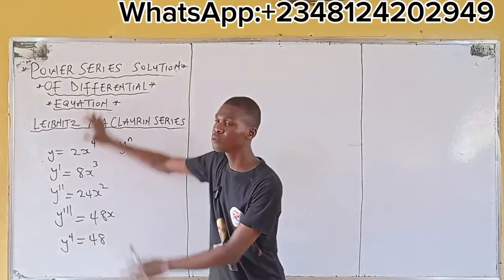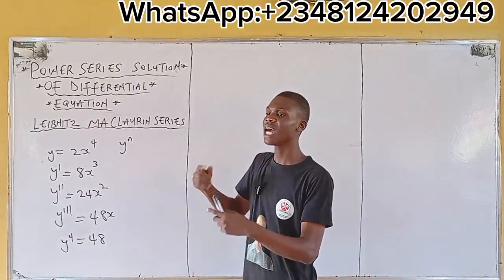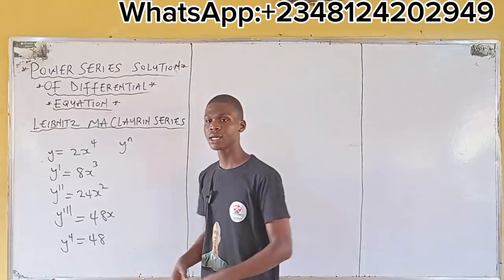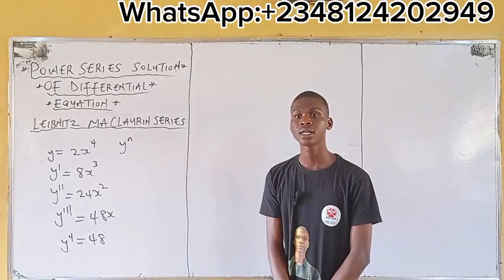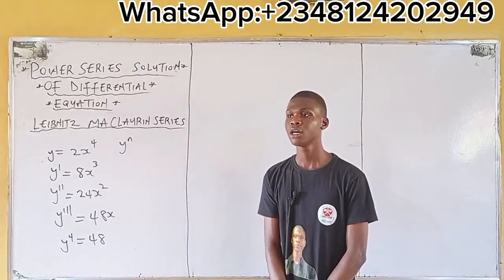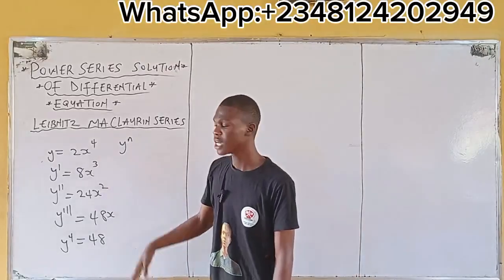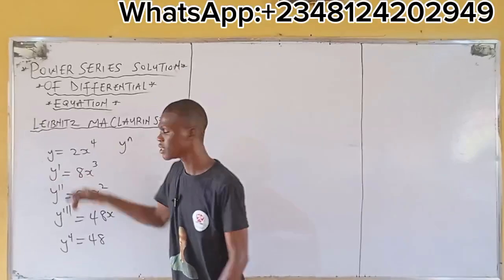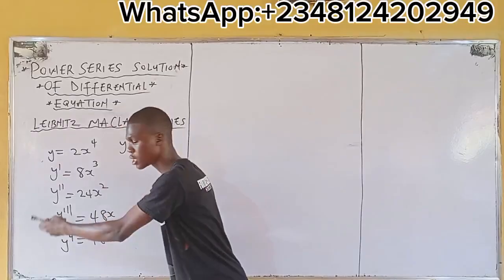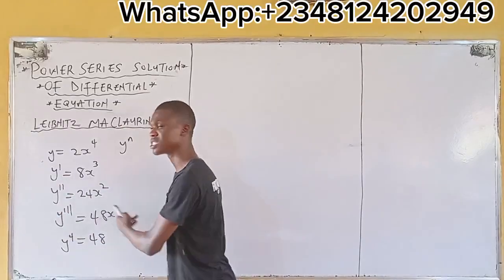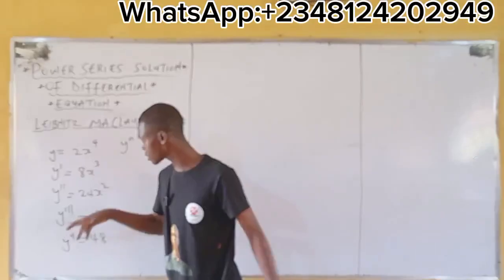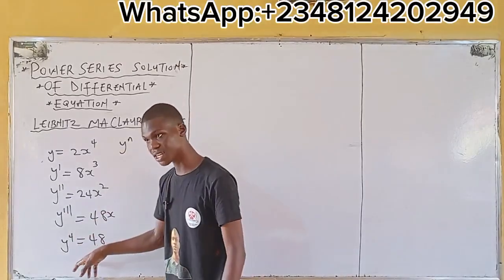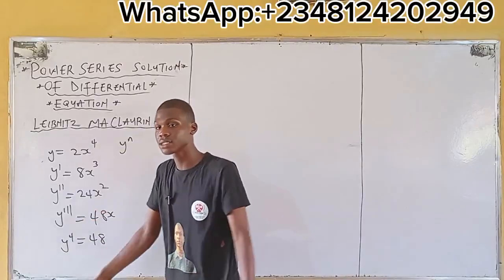You observe that the higher derivatives are still expressed as a function of x. Meaning this first derivative is still having x as a function, this second derivative is still having x as a function, this third derivative is still having x as a function.